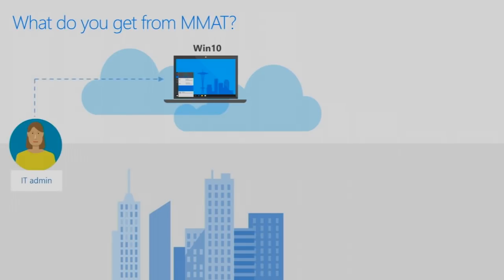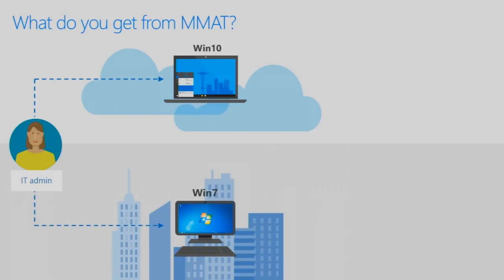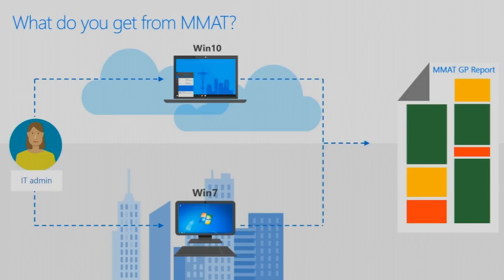You can do this on either a Win 10 machine or a Win 7 machine, whatever is on your desk right now, and bam, out pops a red, yellow, green report. What stuff is going to transfer over exactamundo perfectly and just the way you would expect? What stuff is going to transfer over, maybe not, based upon a specific scenario you might have, and what, stop right here, this stuff is never going to transfer over? This is obviously a sort of mock-up report.